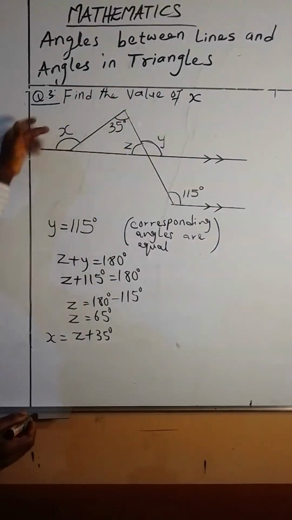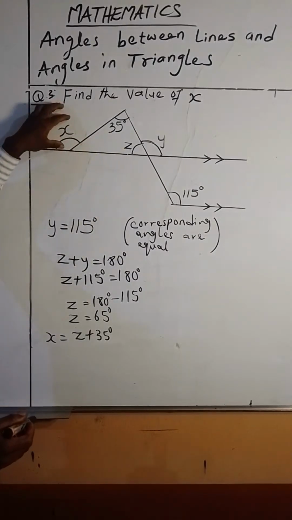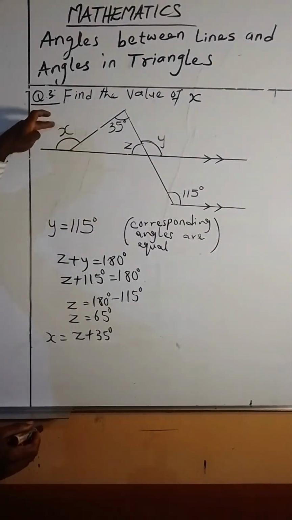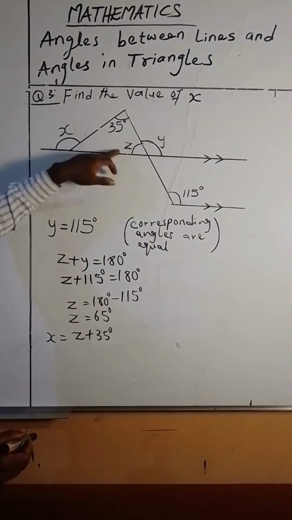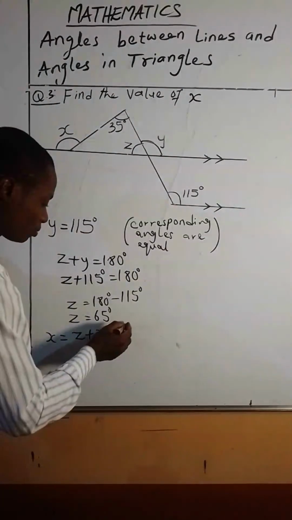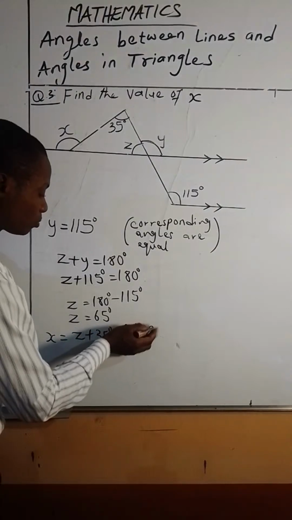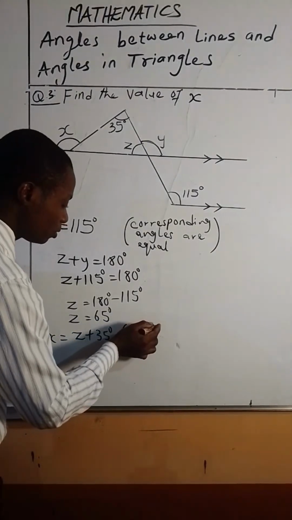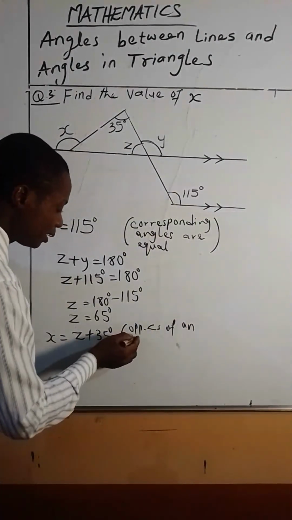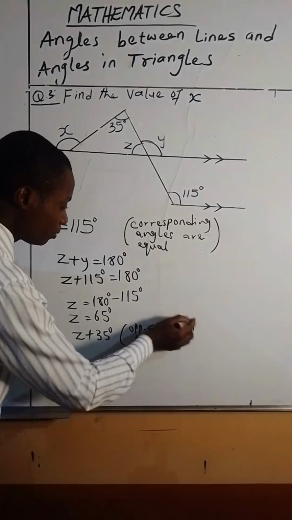And this is an exterior angle. These are the opposite angles to this exterior angle, which means when we add these two, we must definitely get this. So, opposite angles of an exterior angle.